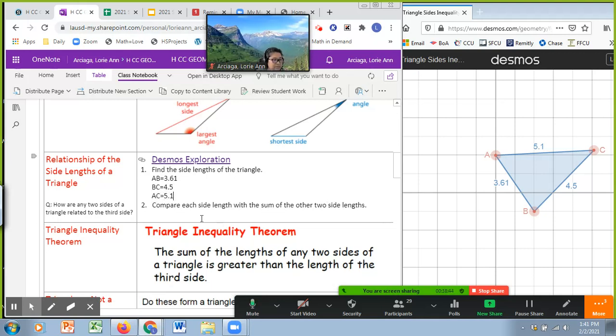So what we're going to do here is add any two. I'll go in order so we don't get lost. I'll start with the first and the second. If I add them, 3.61 plus 4.5, how much is that?